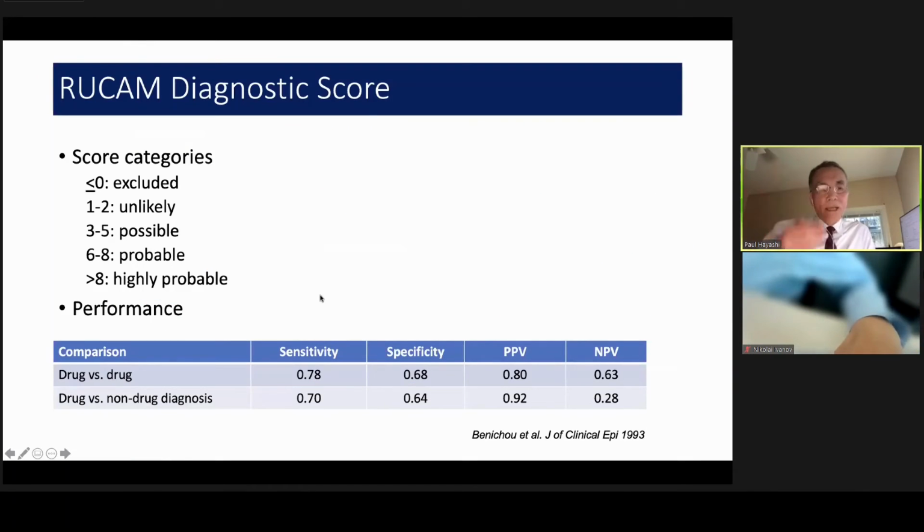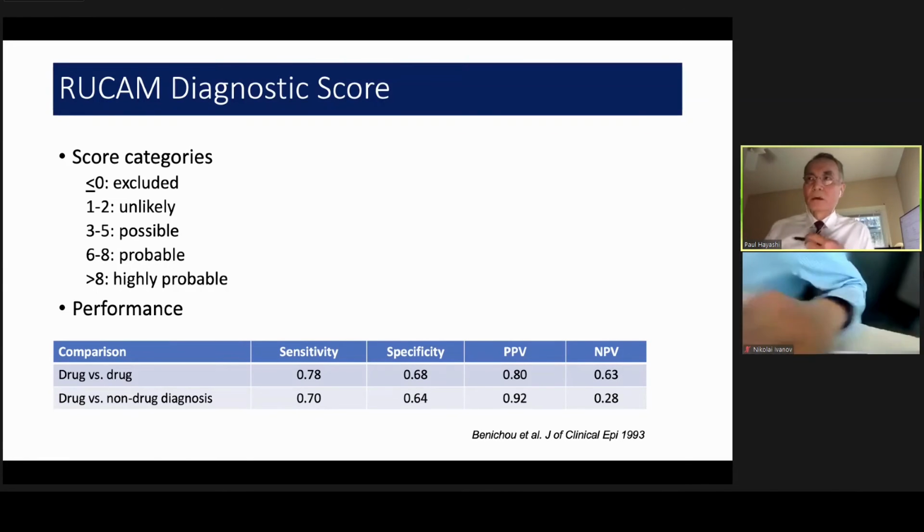So you add up all these score categories and they're bucketed into these 5 categories, ranging from excluded to highly probable. The performance numbers were published in the original article. I hesitate putting these in because frankly, I don't think that the controls and cases that they used were all that terrific.